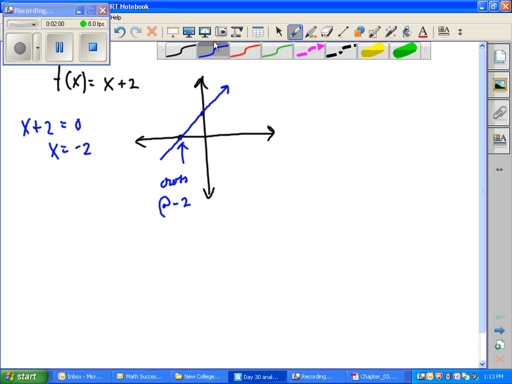The other one they talked about was consider g of x equals x minus 1 squared. When you graph that, you get a parabola, and its vertex is at 1. It looks like this, and then over 1, up 1, like this. So this would be our parabola.